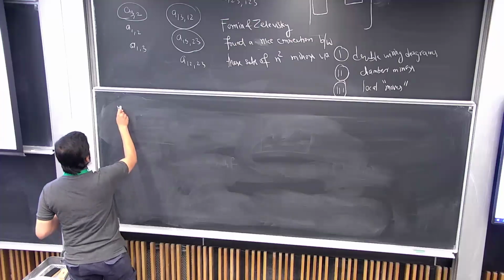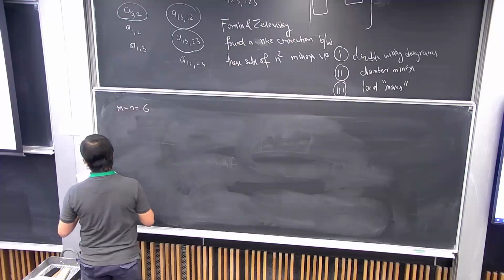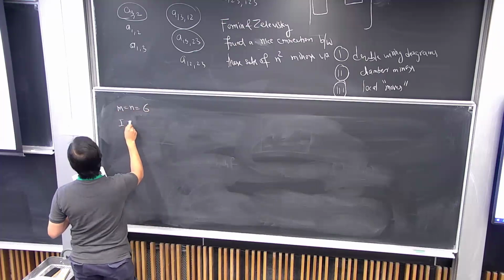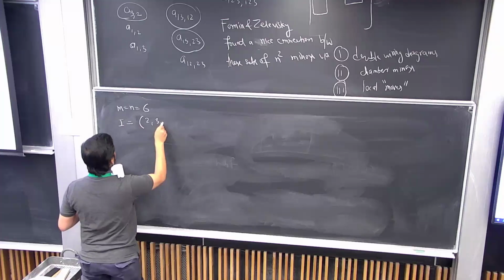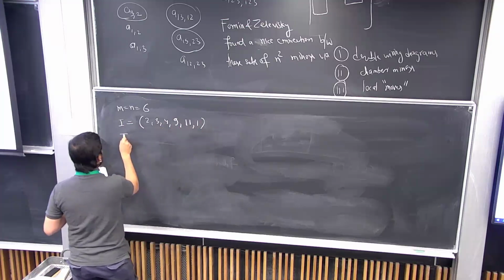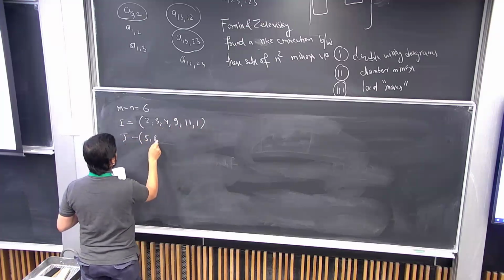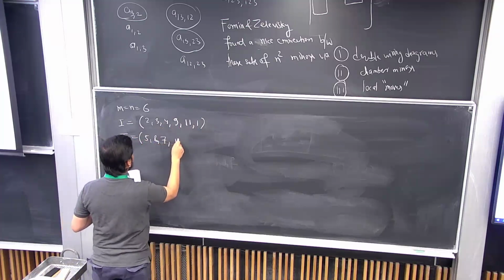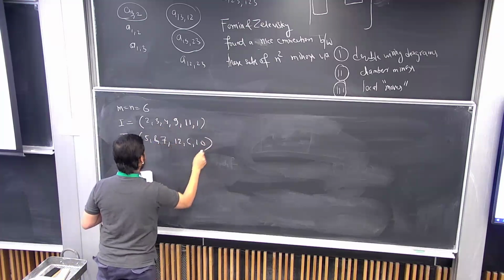So suppose M is 6 and N is 6. And suppose I is 2, 3, 4, 9, 11, 1. And J is 5, 8, 7, 12, 6, 10.